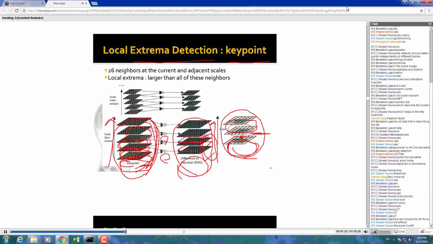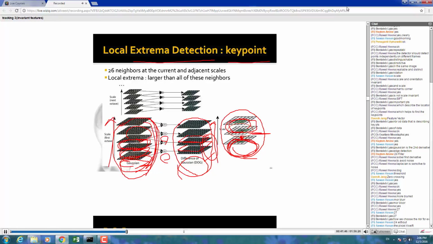Okay, so let me answer your question. From the current pixel, we collect the neighboring pixels around, it is 8, right? And then for the lower DOG, for the same pixel position, we consider a 3 by 3 area, so it is 9.